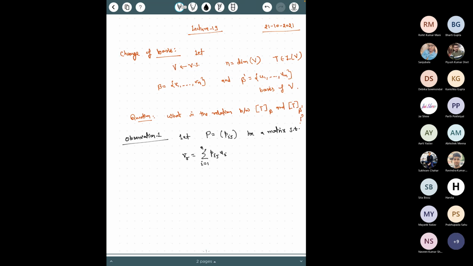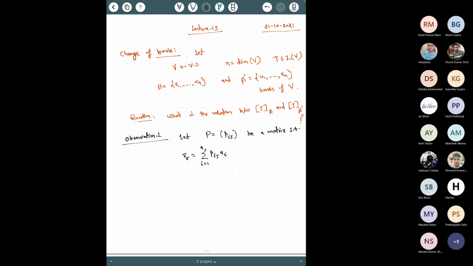So basically what I did here is, for each j, I have written Vj in terms of these Ui's. I can do that because these Ui's form a basis and these are vectors in V. Whatever coordinates I got by doing this, I have stored them as the columns of this matrix.